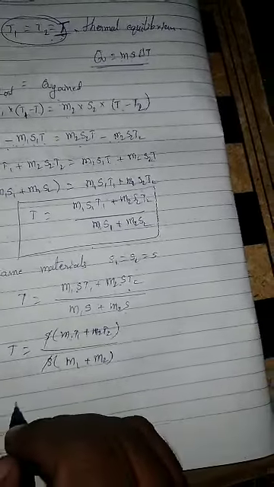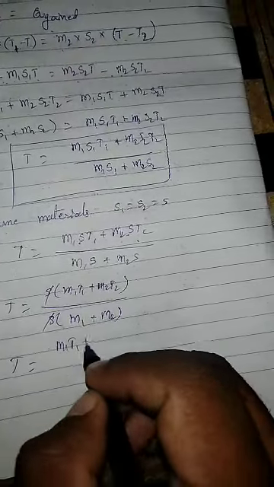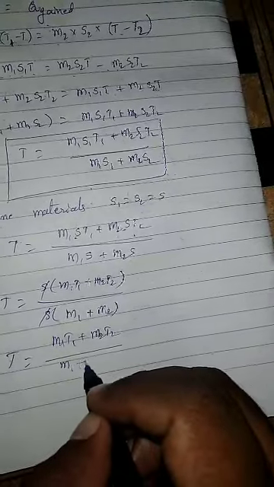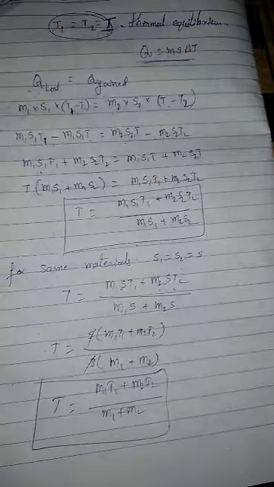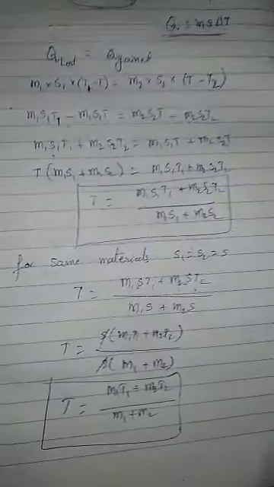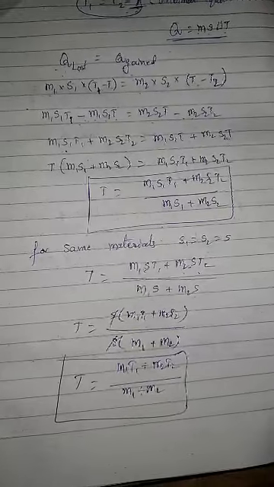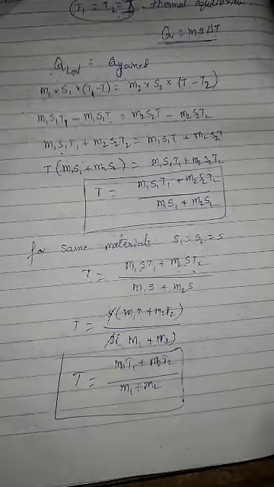S cancels out, then T is equal to (M1 T1 plus M2 T2) by (M1 plus M2). So this is the thermal equilibrium for same materials. This is about heat and thermal equilibrium.